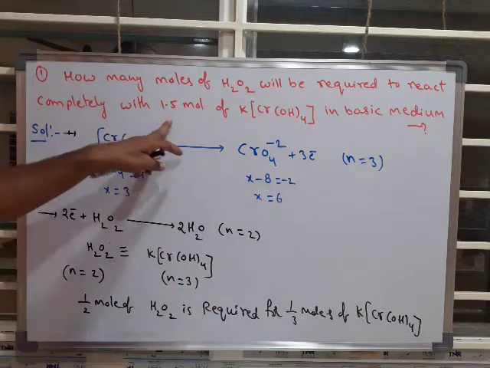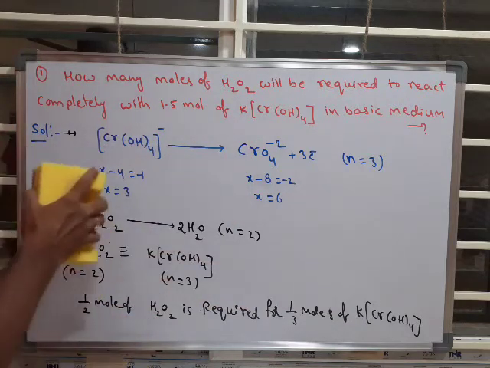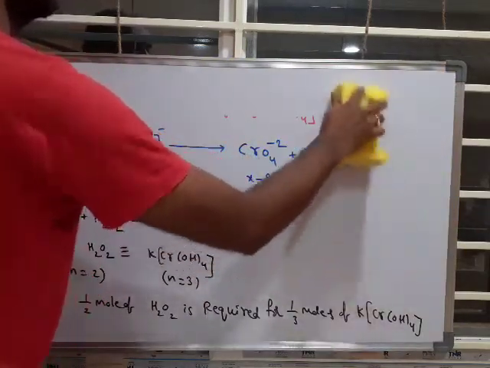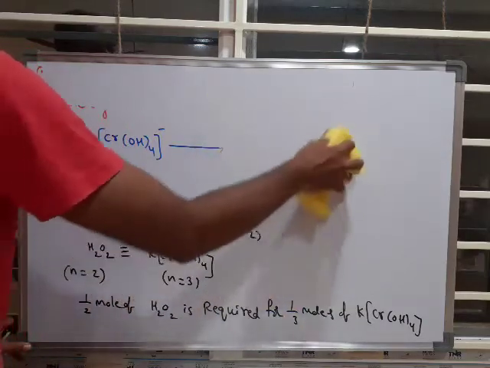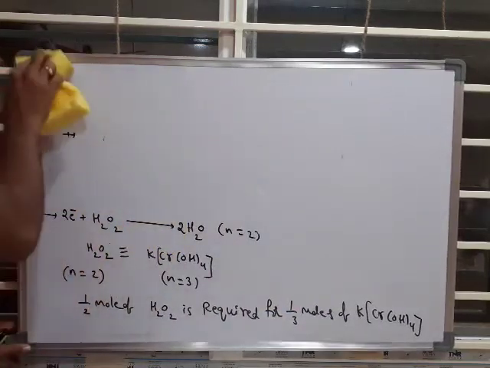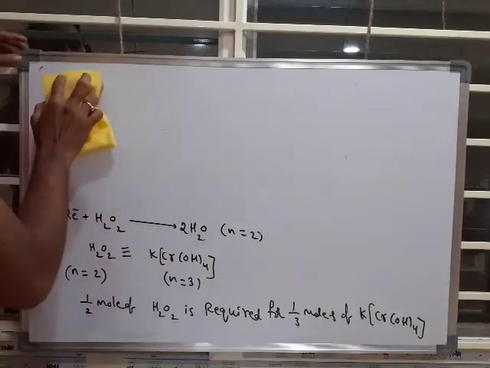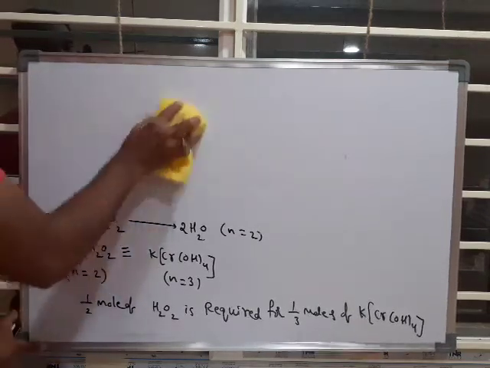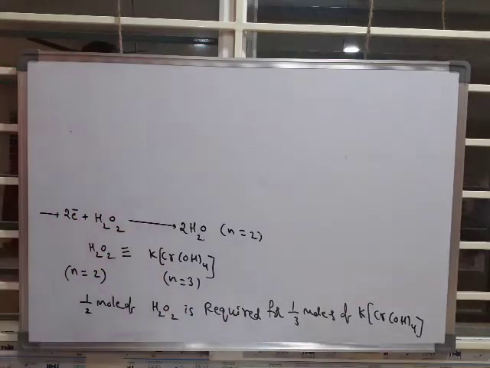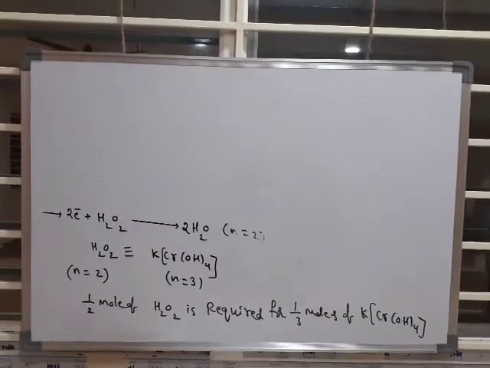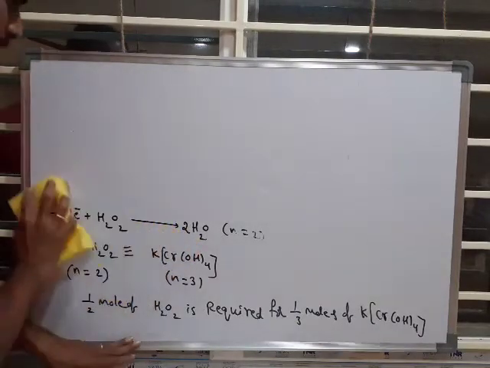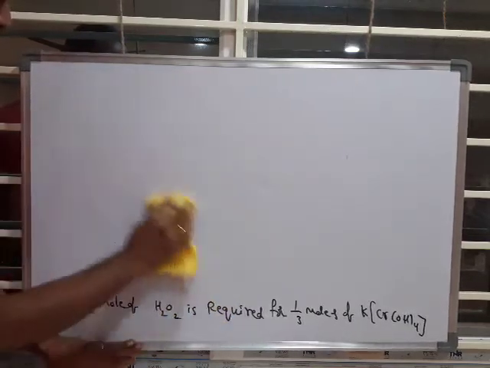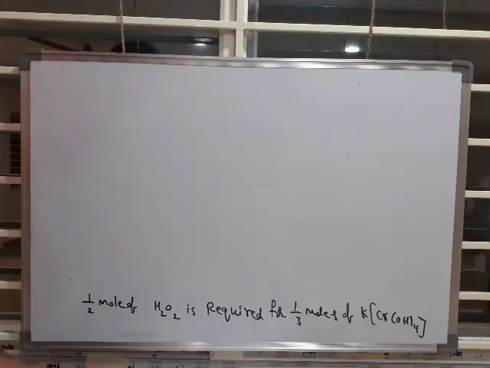Then what about 1.5 moles? How much hydrogen peroxide is required?